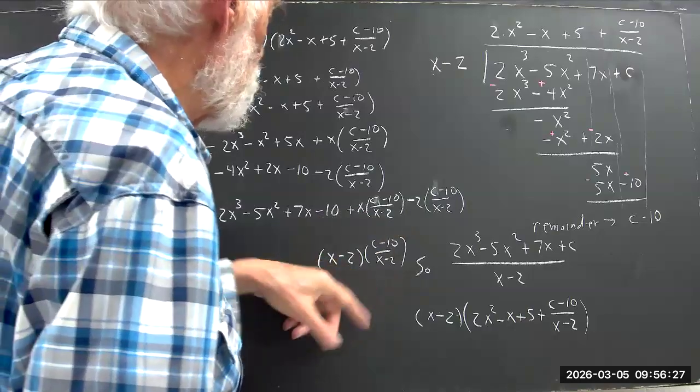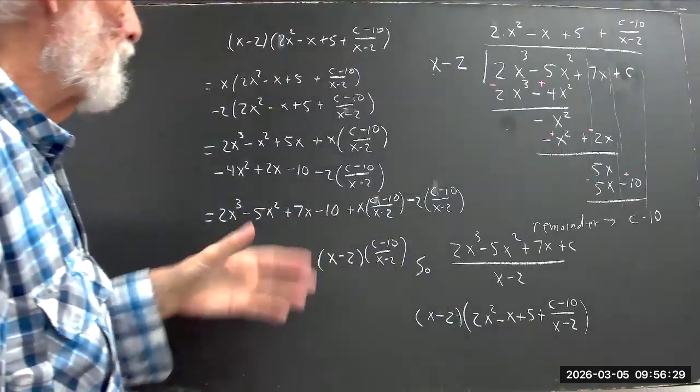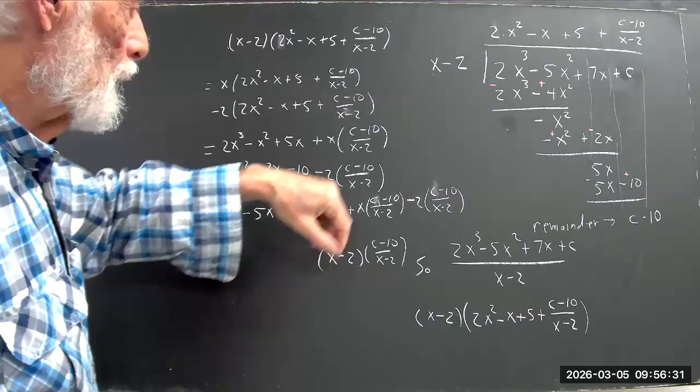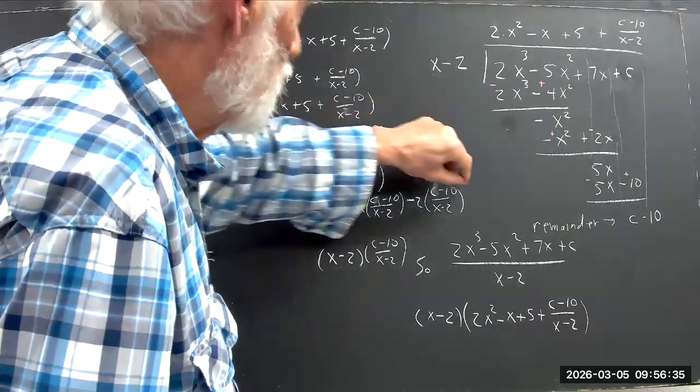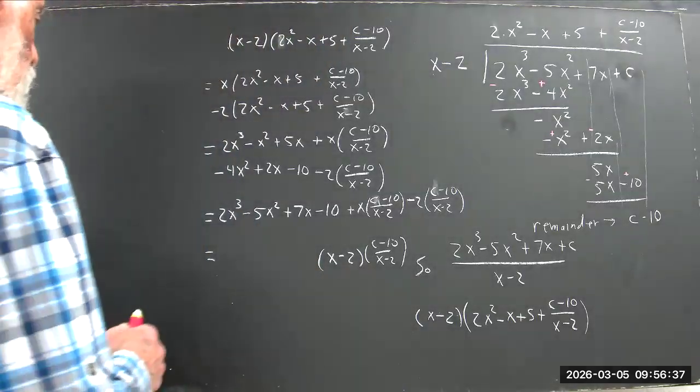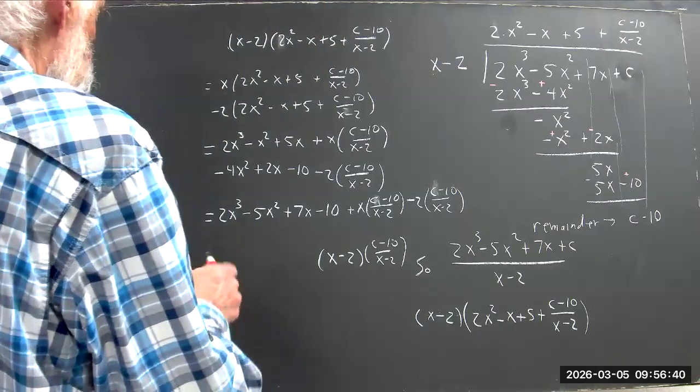So this is just a reverse distributive law. Actually, it's factoring. We factor the (c minus 10) over (x minus 2) out of the expression. Okay, well, we have that at the end.